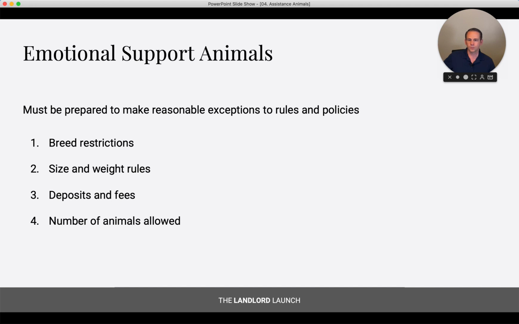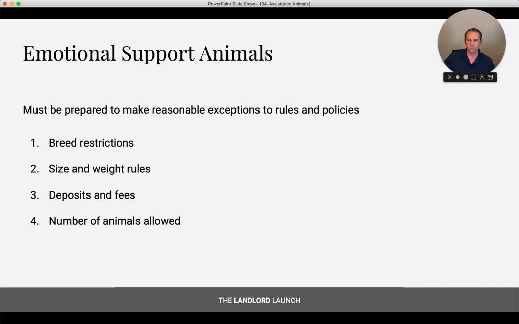So some of those reasonable accommodations, those exceptions to the rules and policies, are breed restrictions. I know a lot of us have certain breeds of animals that we do not allow in, vicious breeds, or the theoretical vicious breeds. Some, the pit bulls, the chows, depending on where you're at and what your thoughts are on that.